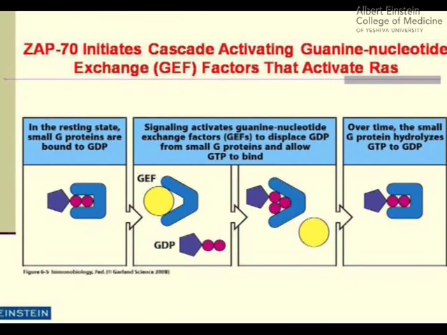However, if a guanine nucleotide exchange factor comes and kicks out the GDP, what it now allows is for GTP to bind to it. And when GTP binds to it, you can see the three-dimensional structure is changing, and now this becomes an activated kinase. If you basically dephosphorylate the GTP to GDP, you turn it off.